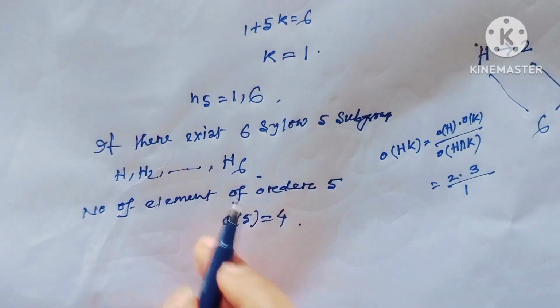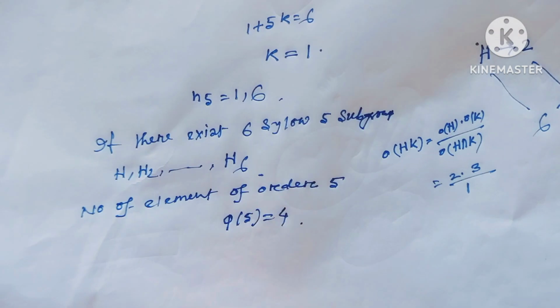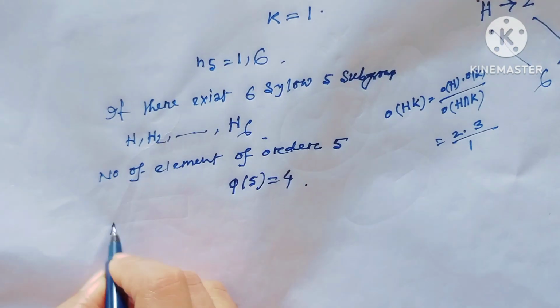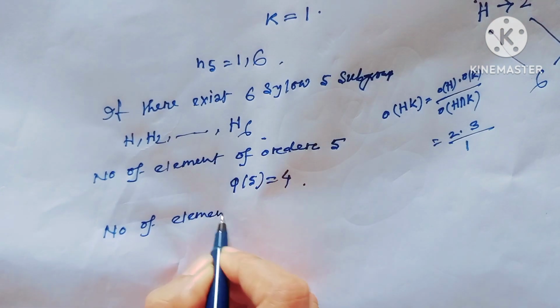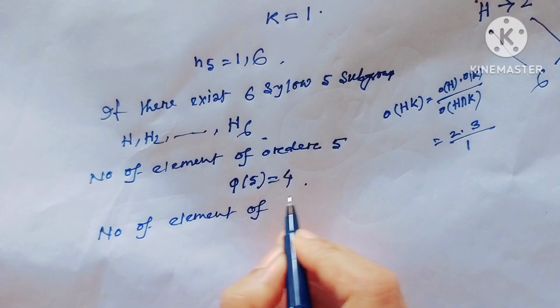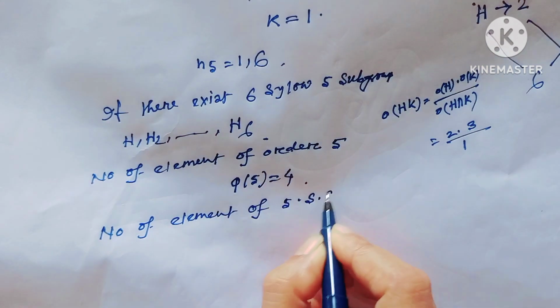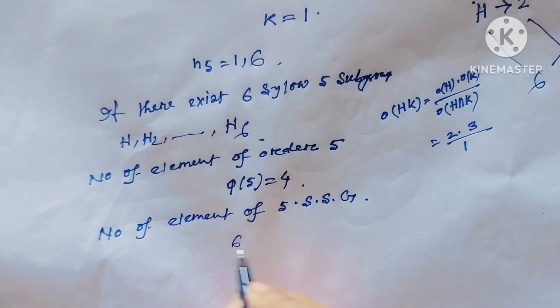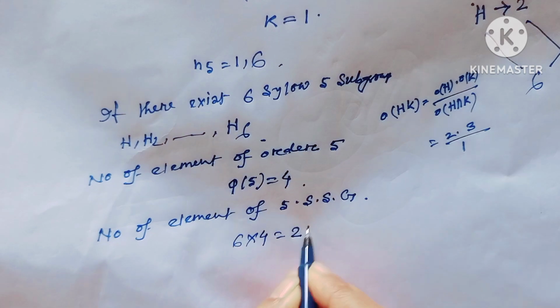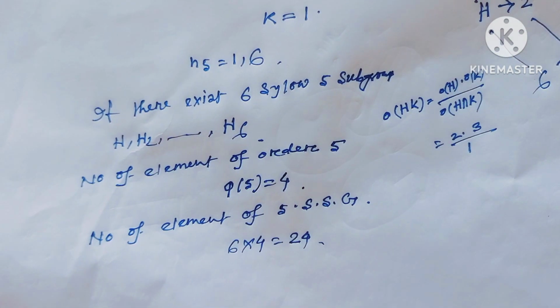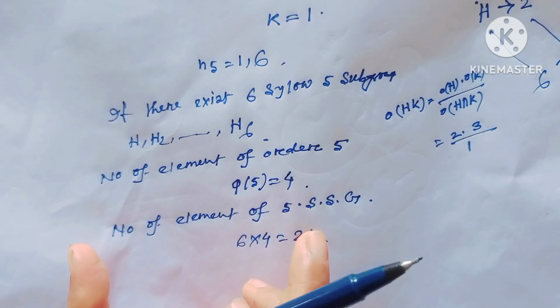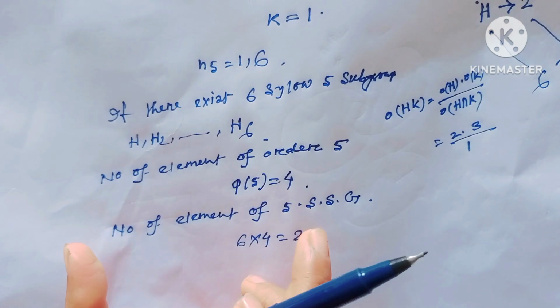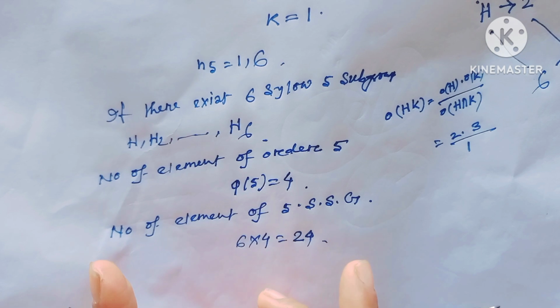And since here there exist 6 Sylow 5 subgroups, the number of elements of the Sylow 5 subgroups would be 6 times 4, which is equal to 24. Also, in each subgroup there always exists one identity element.